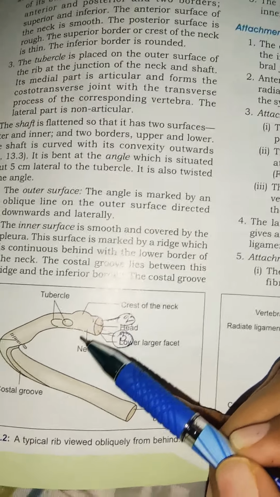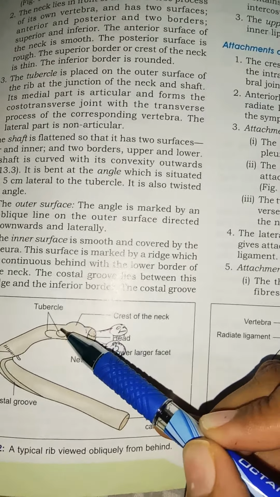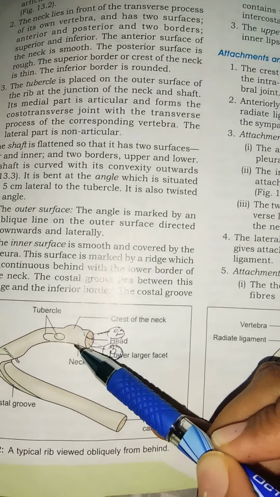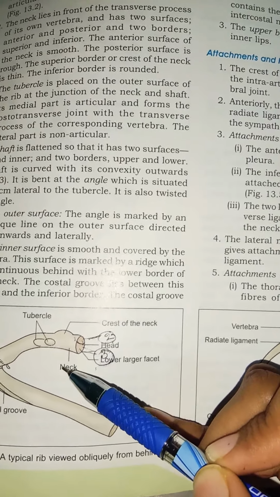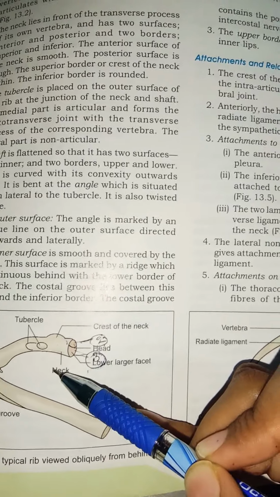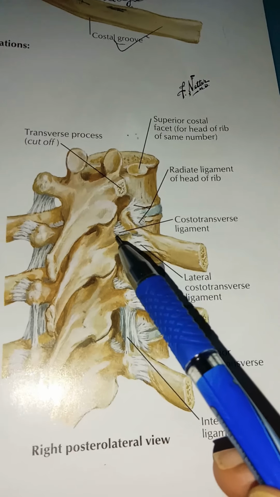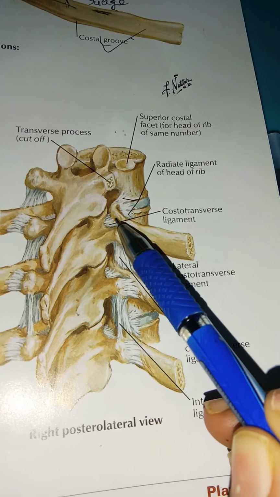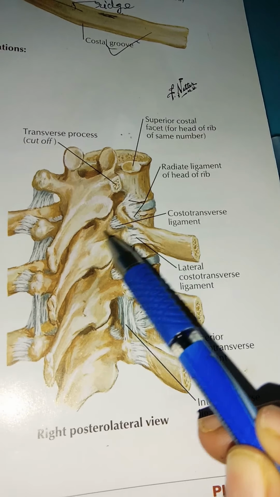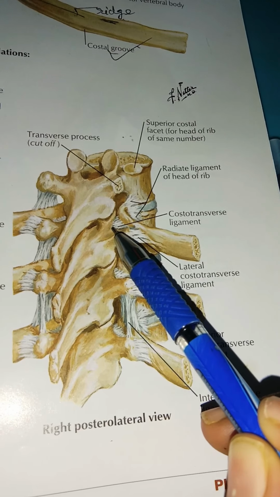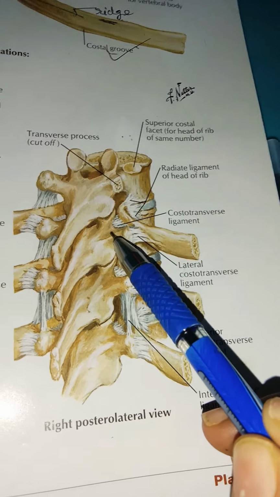And inferiorly, this is superior and this is inferior, there is attachment mainly of the costotransverse ligament. So this is the costotransverse ligament.